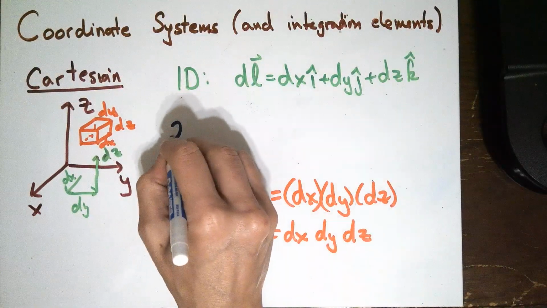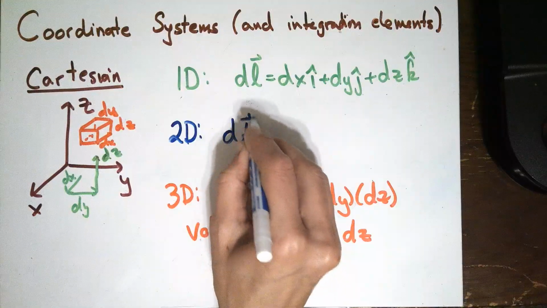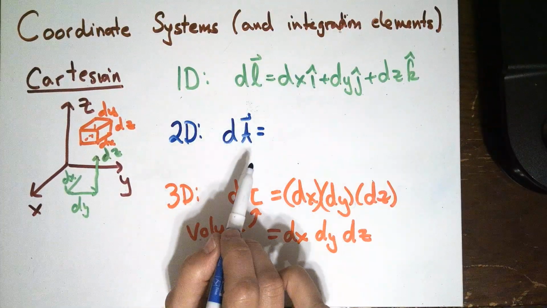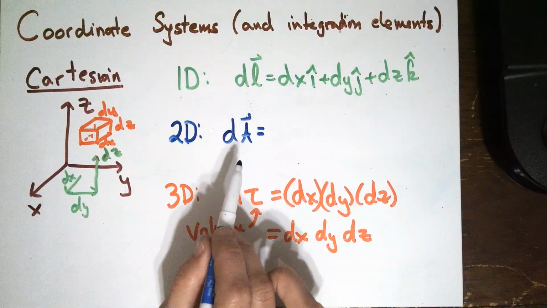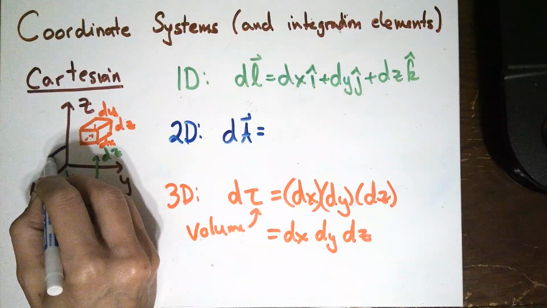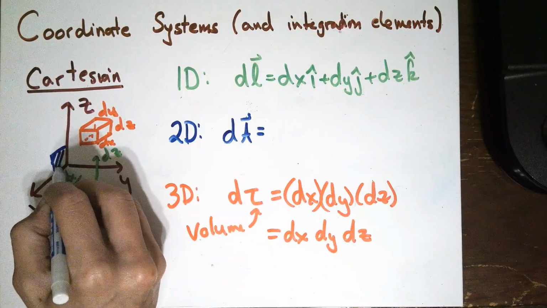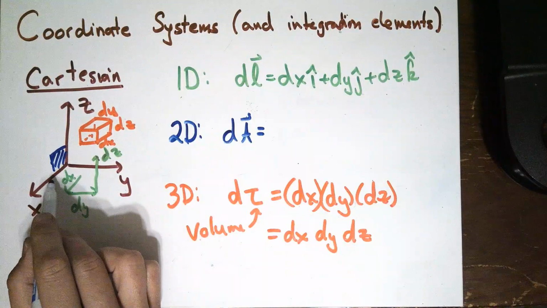All right, the trickiest one, the 2-dimensional one, where you're looking for the area element. And this one's tricky because it depends on exactly which area or surface you're talking about. So for example, maybe I want to do a surface which looks like that, where I move a little bit of x and a little bit in z.